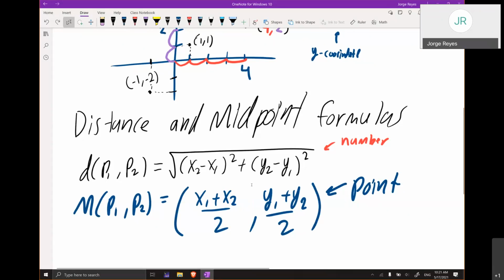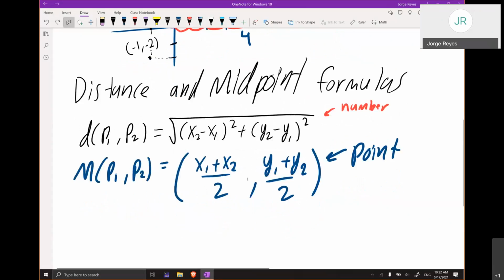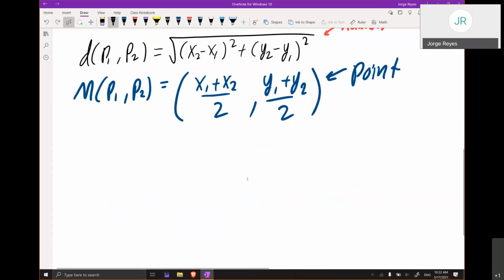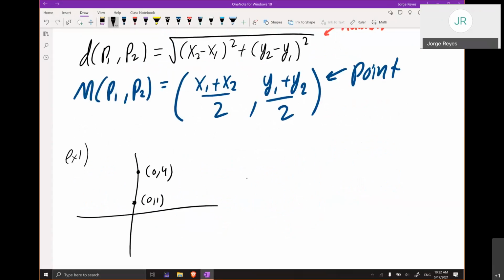Okay, and so let's do some quick examples with these two formulas. So first example is actually really easy because it's going to be in R2, I mean in R1 technically. So I have the points 0, 1, and 0, 4. So I want to find the distance. And we don't even need the distance formula really.